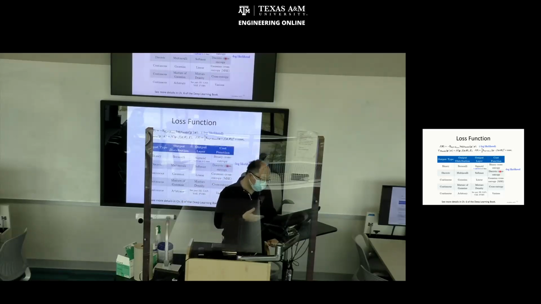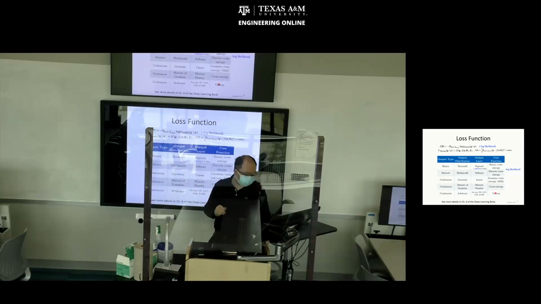But if the continuous output has a desired distribution, which is like a mixture of Gaussian, so the output layer is giving you the mixture density, then the cost function is cross entropy again. And then if you have other kinds of assumptions, including the output distribution, and you have different kinds of output layer, then your cost function will be dependent on the choices. The cost functions are very different.